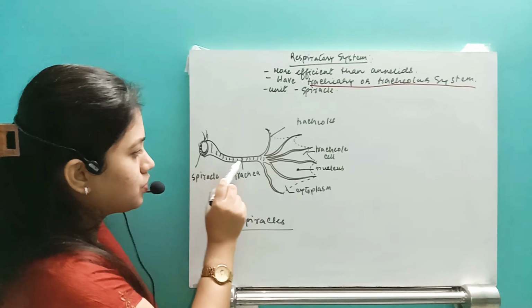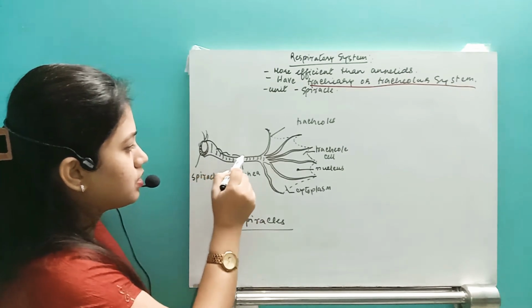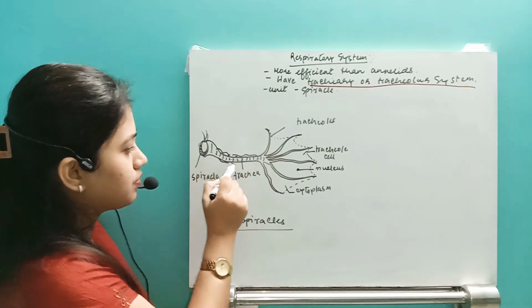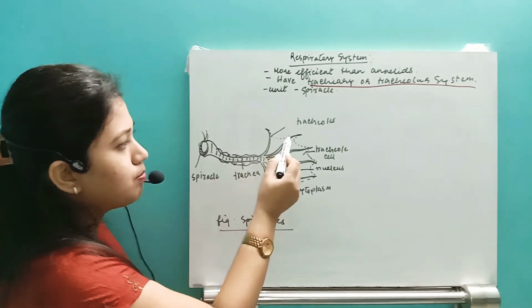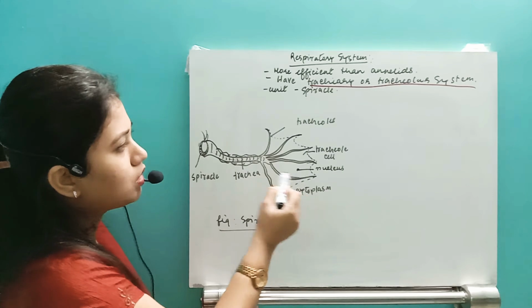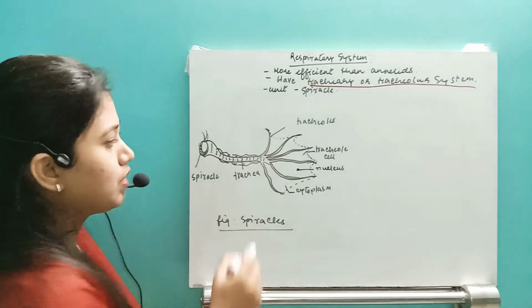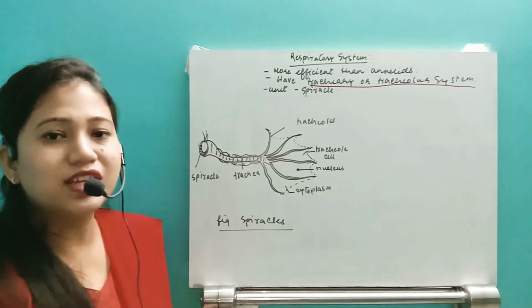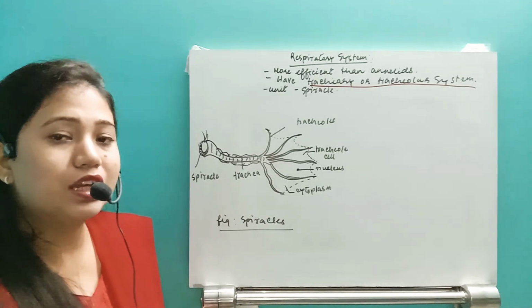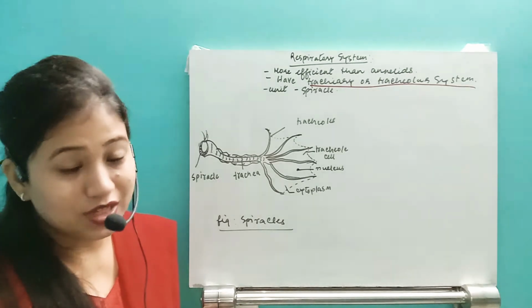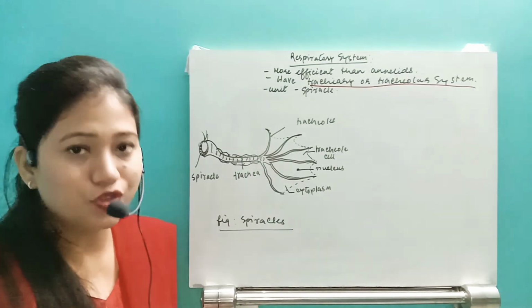Then they have the trachea, and here the syncytial epithelium is present. After that, the trachea will bifurcate into small tracheoles. Then the tracheoles project into the hemocoel, and directly all the organs get the oxygen coming from the atmosphere.